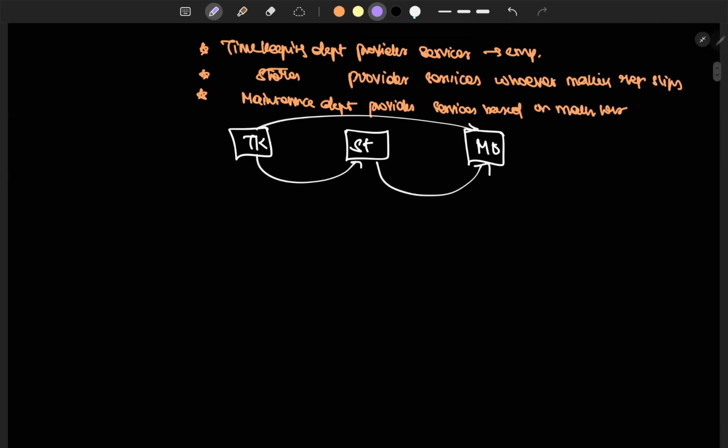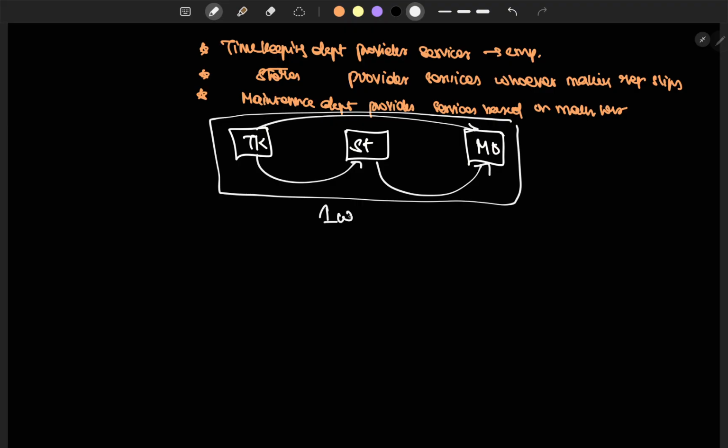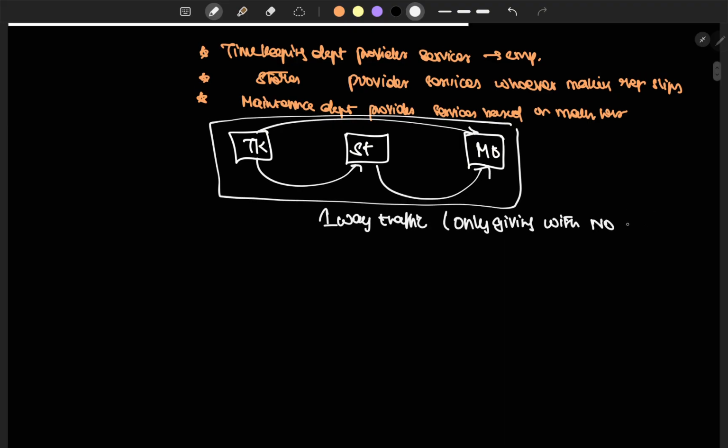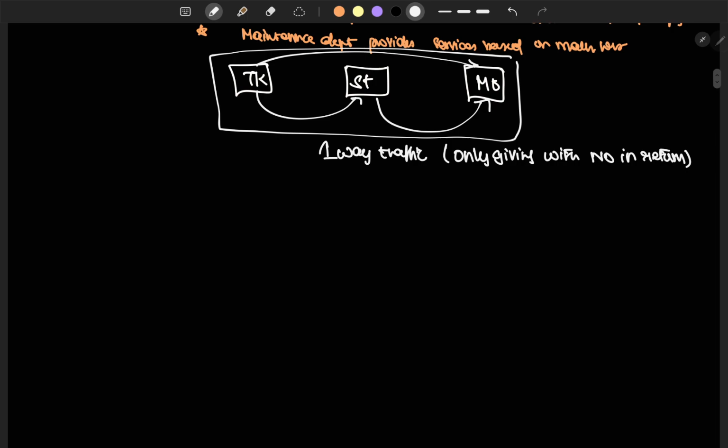With this pictorial, we can understand that this is a one-way traffic sum, which is only giving. There is nothing returning from the service departments. Only one department is giving to another department and not receiving anything from them, with no return. For a one-way traffic sum, there is a method called the stepladder method.